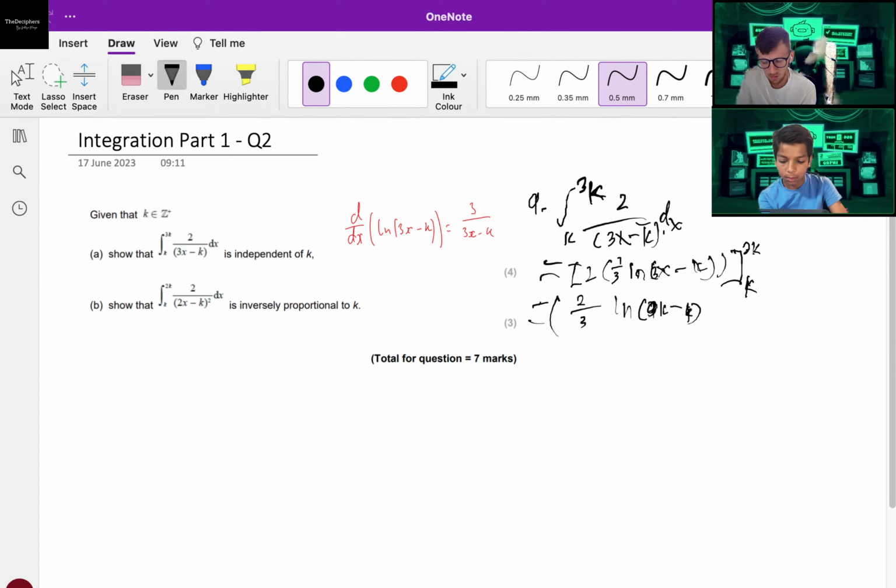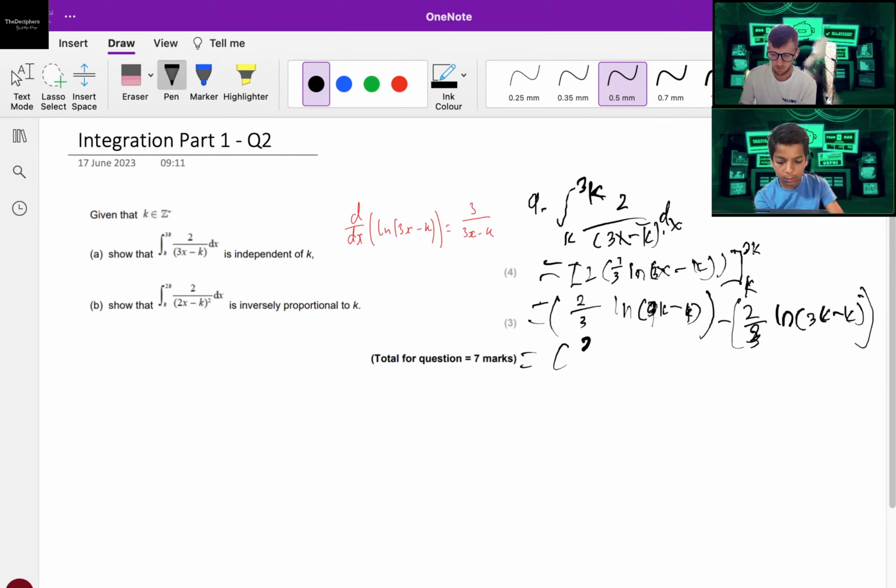Oh yeah, so 9k minus k. 2/3 of that minus 2/3 of ln of 3k minus k, which is 2/3 ln 8k minus 2/3 ln 2k.